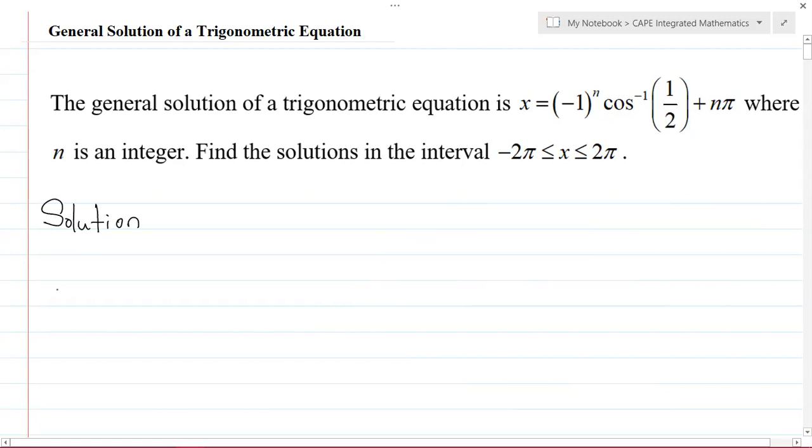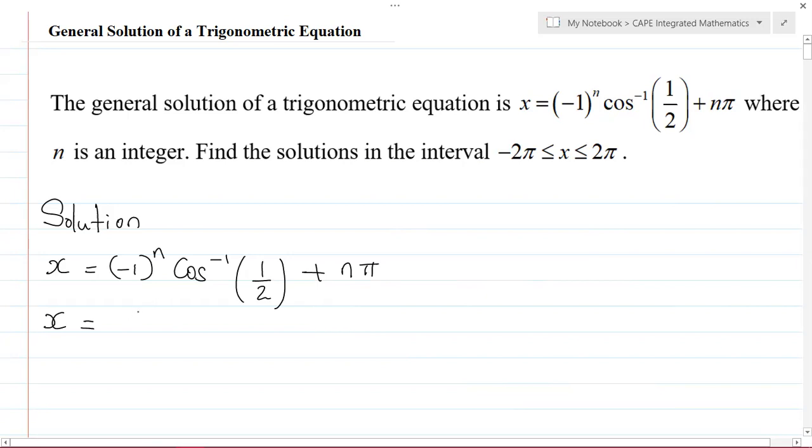So now you know what the general solution is, what it means and its purpose. They told us that x is equal to -1 to the power of n times the cos inverse of a half plus n pi. Let us first find the cos inverse of a half. We can put it in our calculator, or if you know the value off the top of your head, you can write it down.